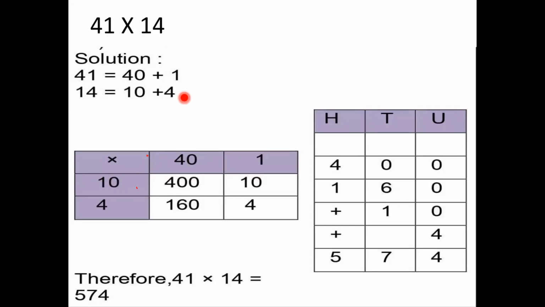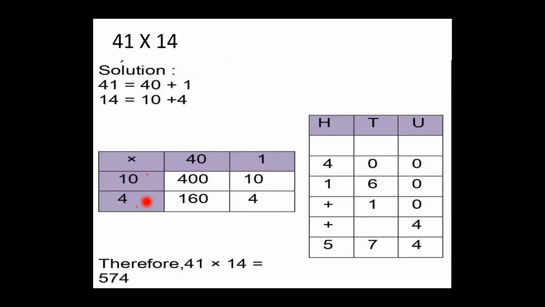Next, you can see, in which 10 multiplied by 40 is 400. 4 multiplied by 40 is 160. 4 ones are 4 and 10 ones are 10.